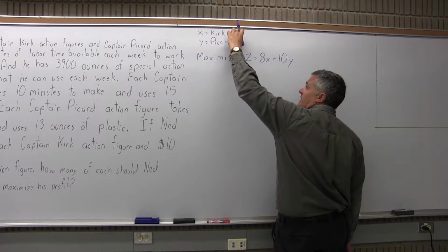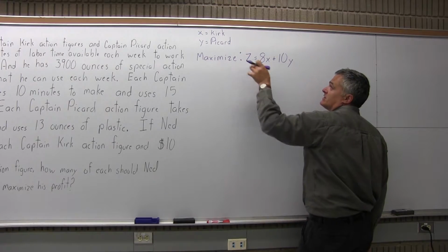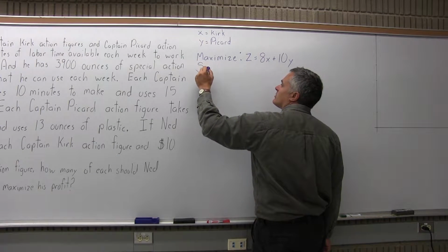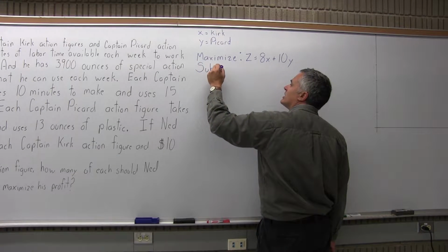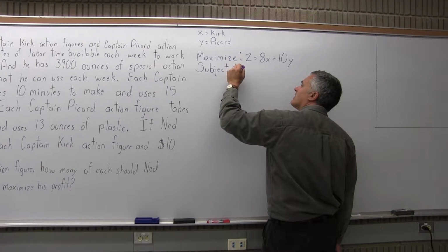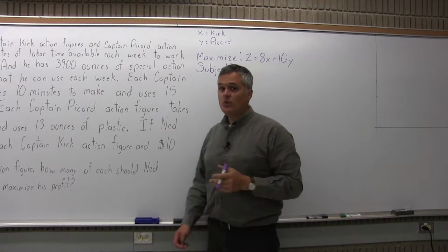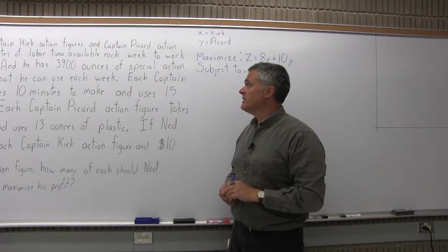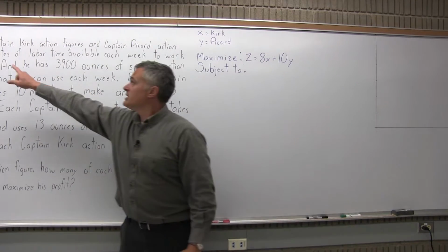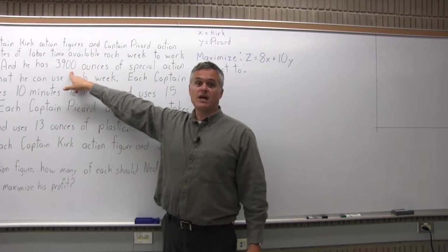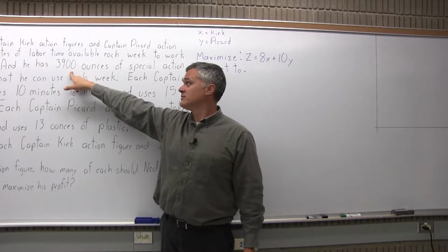Step 1, identify a variable. Step 2, write the objective function. Step 3, set up the constraints. So step 3, we're going to write subject to, and what's going to limit how many action figures can be made is the number of minutes of labor, 3,000 minutes of labor, and the amount of special plastic, 3,900 ounces of plastic.